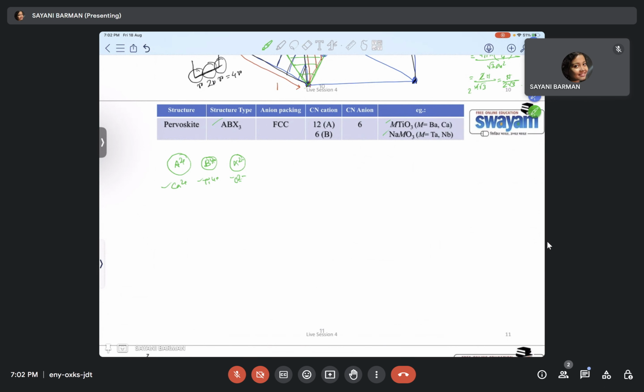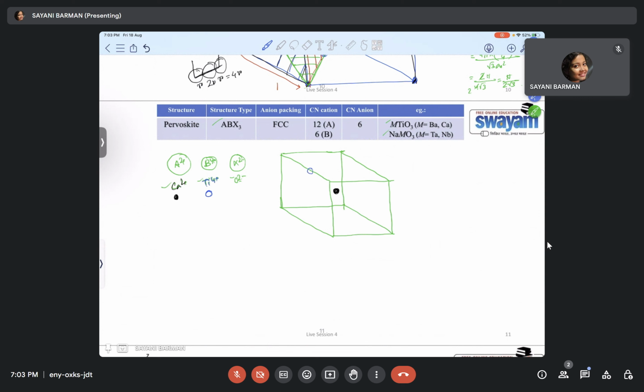Okay, so I'll be drawing the lattice structure now. The larger atom will be sitting in the center of the lattice, and then the smaller cations, let's say this, the blue, will be at the edge centers.